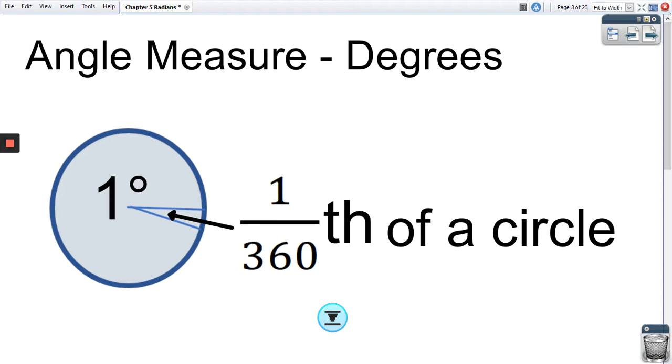If you cut a circle up into 360 little sectors, each sector is going to be 1 degree. The angle which we turn through for that sector is 1 degree. Why 1/360th? Why did we decide on 360?